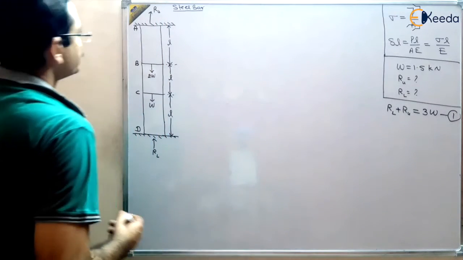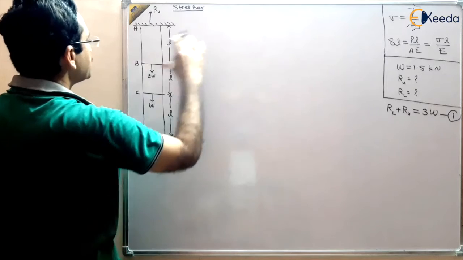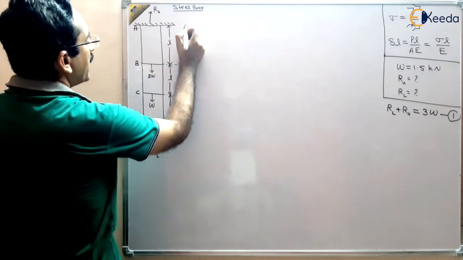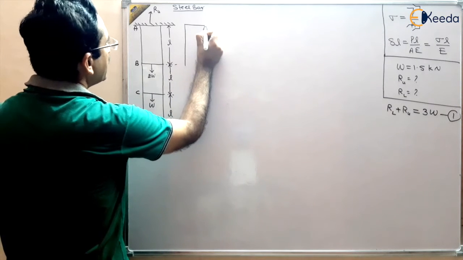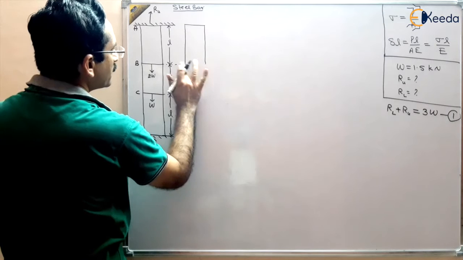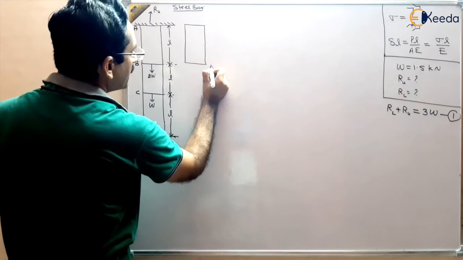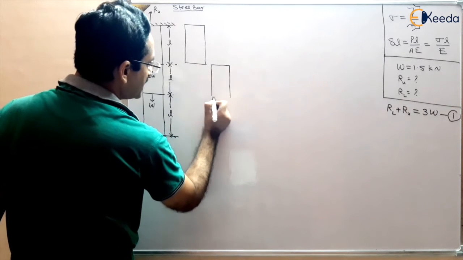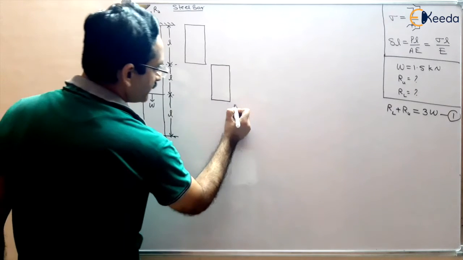Now, because the intermediate sections are there, we have to break this bar and find the forces acting in the bar at each section. So this is AB, this is BC, and this is CD.